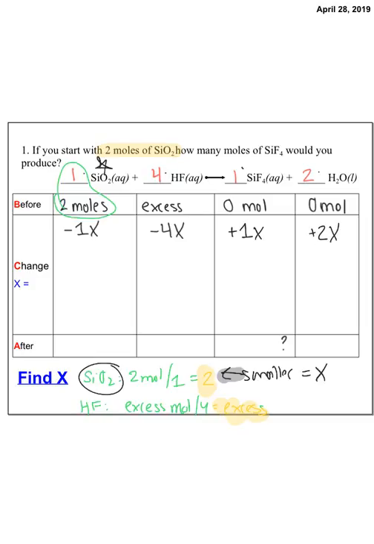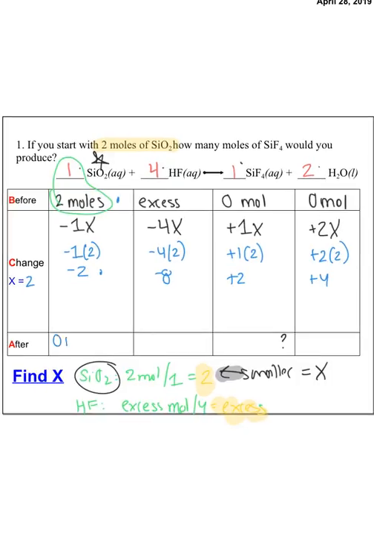So in this case, 2 is our x, so we're going to plug in negative 1 times 2, negative 4 times 2, 1 times 2, plus 2 times 2. Okay, so that's minus 2, minus 8 when you multiply, plus 2, plus 4 when you multiply. So now the last step is we're going to take our before, and we're going to subtract from it the change. 2 minus 2 is 0 moles of SiO2 remaining.